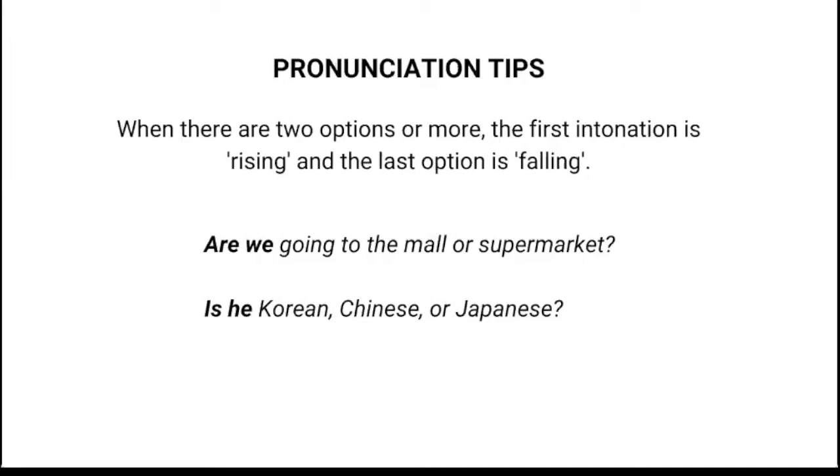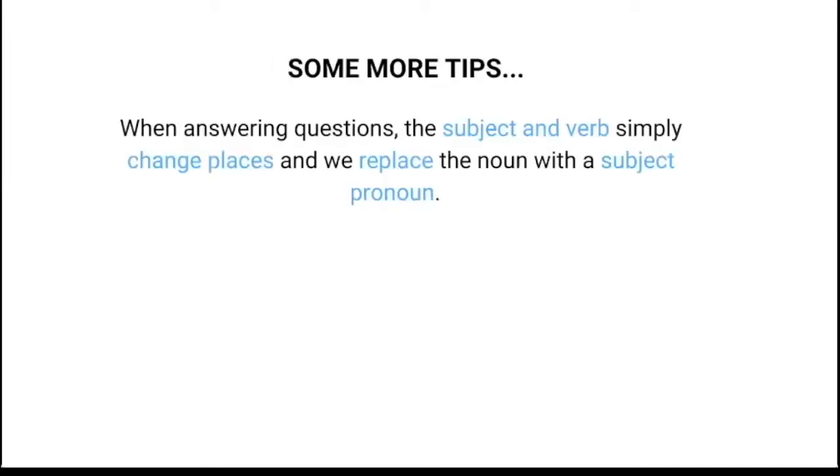So are we going to the mall or supermarket? Is he Korean, Chinese, or Japanese? Or you can also say, is he Korean, Chinese, or Japanese? So again, the last option usually has the falling tone. Okay, some more tips here.